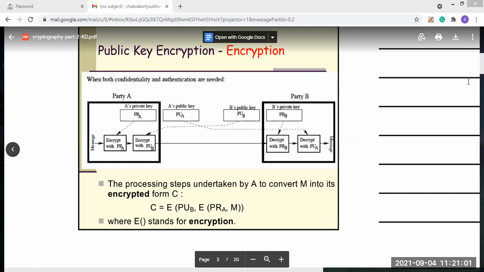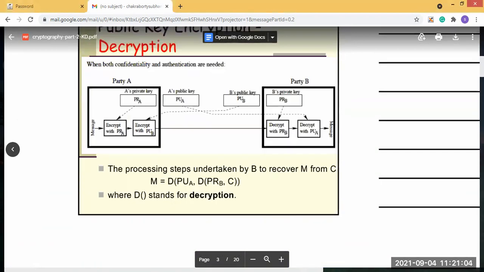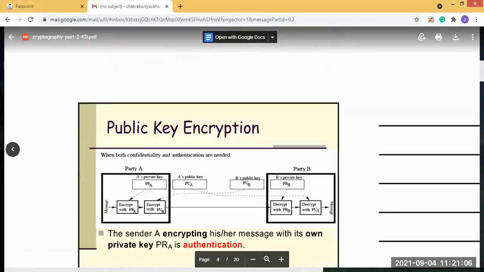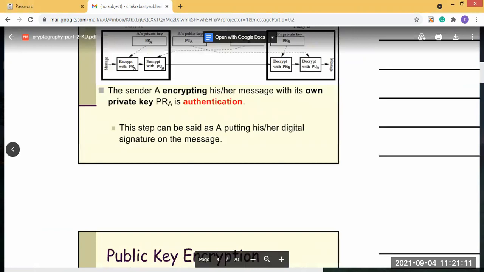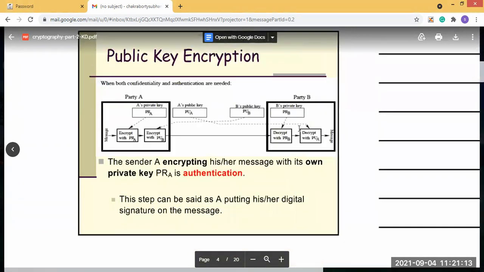Here it means that encryption happens two times. Now, when sender A encrypts the message with its own private key, that means it is authentication.